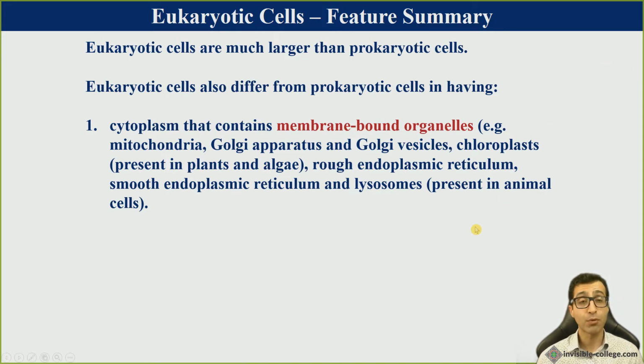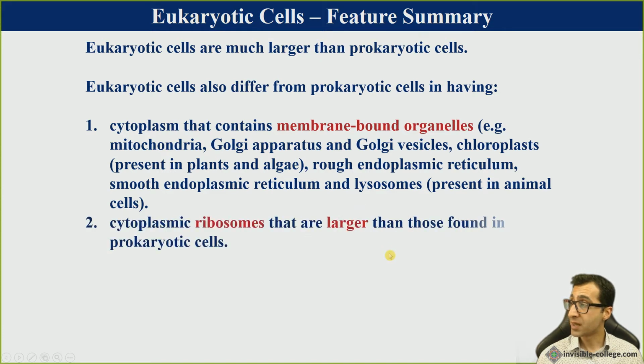For example, in a prokaryotic organism, as we'll see later on, the genetic material floats freely in a region of the cytoplasm in the center of the cell and is not surrounded by a nuclear envelope. Prokaryotic organisms do not contain other membrane-bound organelles such as Golgi apparatus and smooth and rough endoplasmic reticuli, for example. They simply have no internal organelles that have membranes around them.